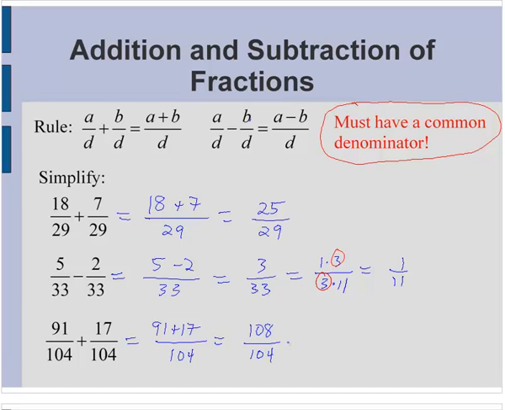Now, I won't go all the way down to prime factorizations, but what I'll notice is I can write 108 as 4 times 27, and 104 is 4 times 26. And removing the common factor of 4, I'm left with 27 over 26. Of course, you would get the same thing if you went down to prime factorizations and removed two common factors of 2.